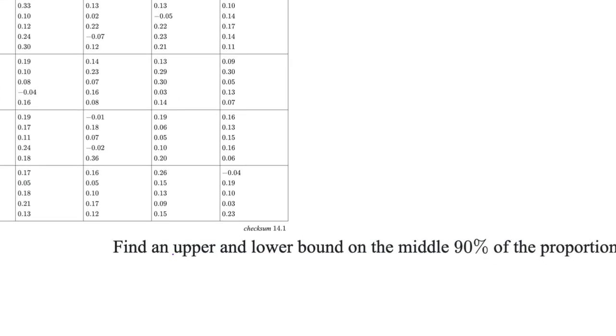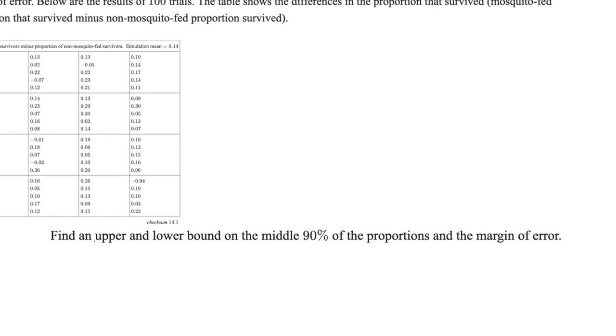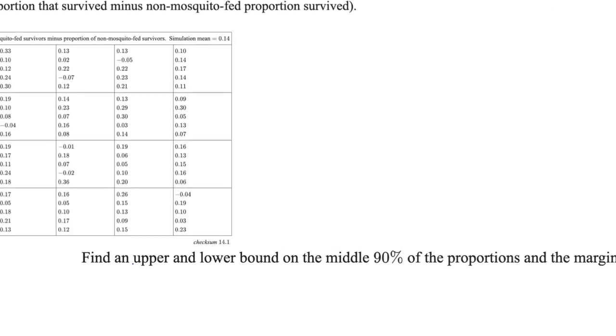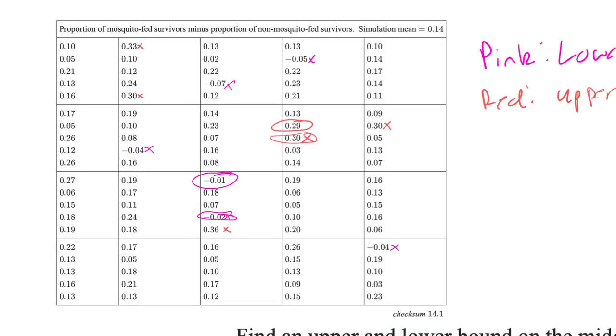So it says here, find the upper bound on the middle 90% of the proportions and the margin of error. So we go, oh, okay, that shouldn't be too. Oh, wait a second. Notice this table is not in numerical order. So instead of hunting and pecking and trying to find all these things for you, I've got it loaded on the next slide. So here I went and I found all these things. My pink data is the lower bound.